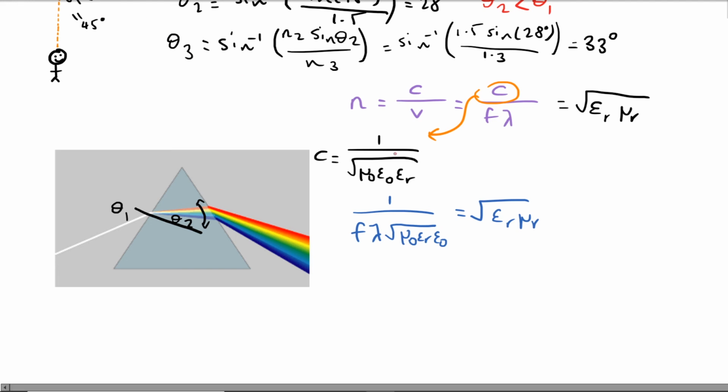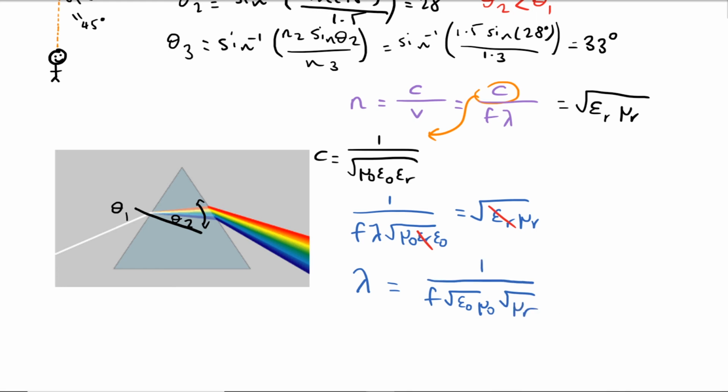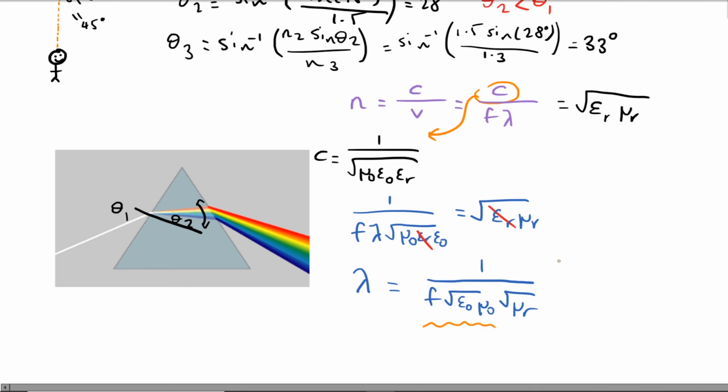And what you'll see here is that epsilon naught and epsilon naught cancel out. And if I solve for the wavelength, I get lambda is 1 over f root epsilon naught mu naught, and I'll write this mu relative separately. Now the beauty of this is that these three are constants.